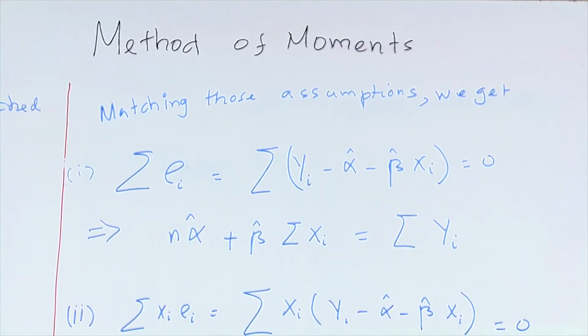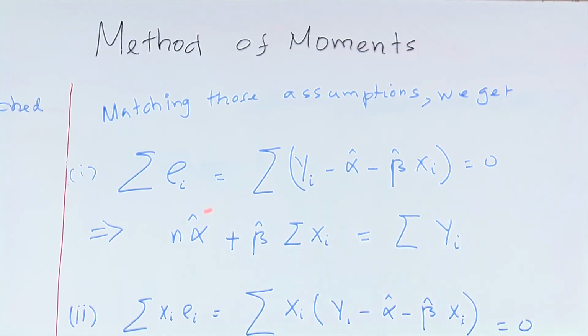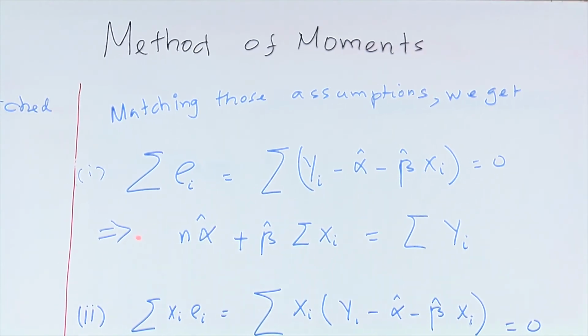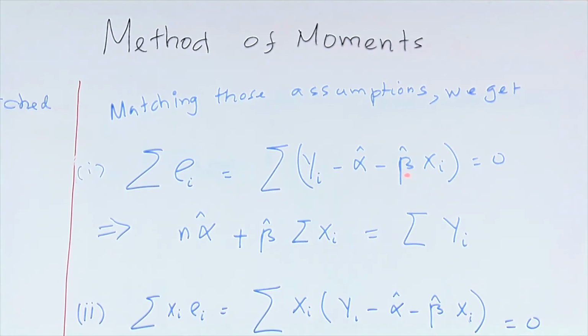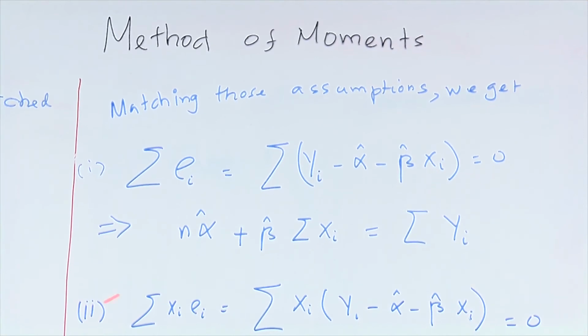Taking the description from the sample regression equations, sigma ei is equal to sigma yi minus alpha hat minus beta hat xi equal to 0.